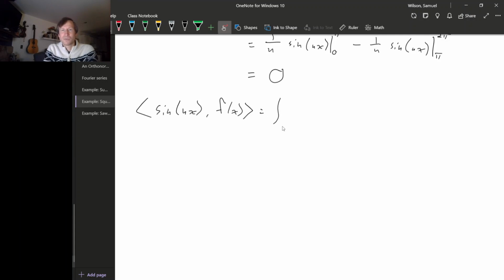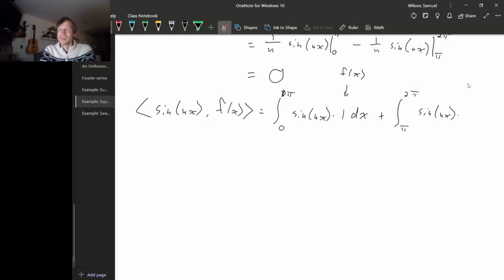So this is the integral from 0 to pi of sine nx times f of x, but again, from 0 to pi, f of x is 1 dx, plus the integral from pi to 2 pi of sine nx times f of x, but from pi to 2 pi, f of x is minus 1.